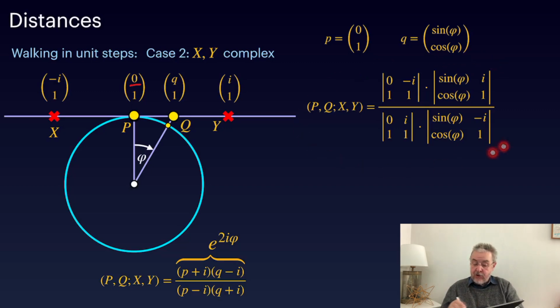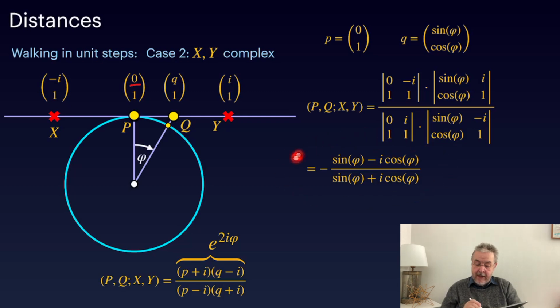I've written down the determinants, and you can check that if you calculate that, you end up with this expression here. Again, if you don't believe it, press the stop button and check the equations. If you look at this expression, I have a minus sign here, I have this angle here, and everything looks like a number on the unit circle up to a certain factor.